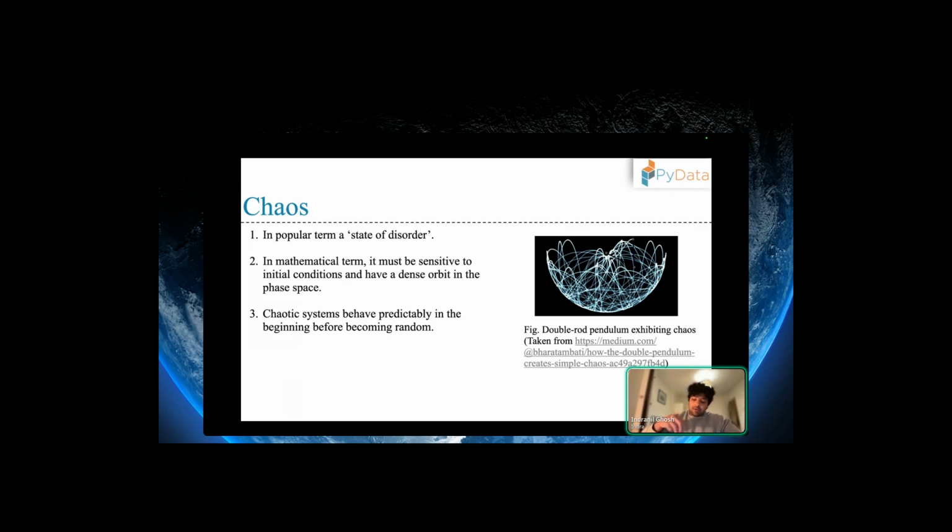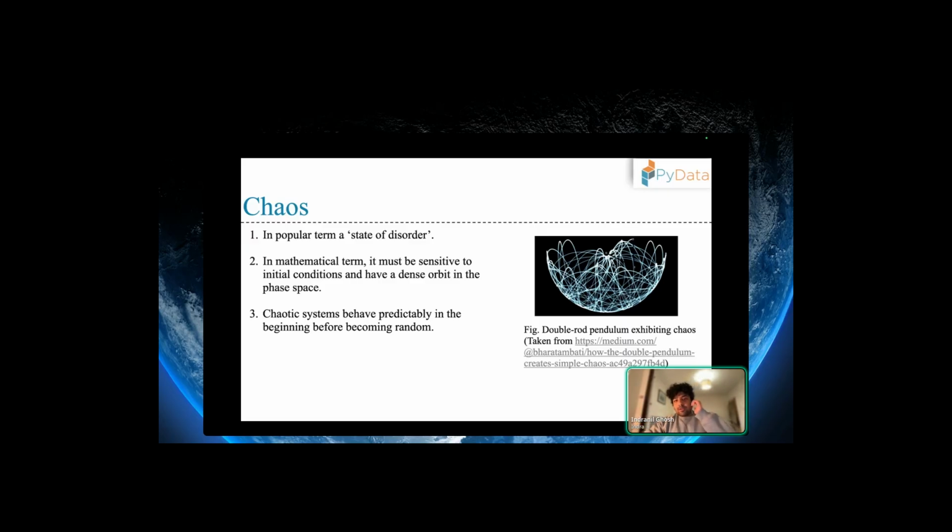With a change in the initial condition, with an infinitesimal perturbation, the final result will change quite a lot. That's why it's very sensitive to the initial condition. And when you plot these dynamical variables against one another, you'll see that it fills up the plotting window densely. It's a dense orbit that you can see here.